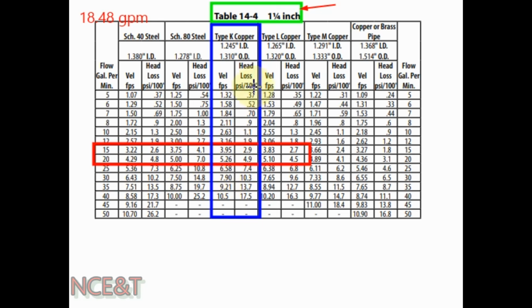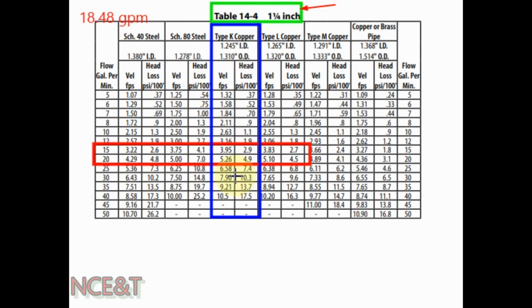When we see the head loss, it is for 15 GPM 2.9 and for 20 GPM 4.9. Both values are less than the maximum limit, which is 5 psi per 100 feet. So for 18.48 GPM we can select the 1¼ inch pipe.